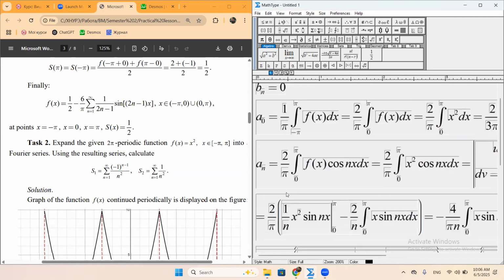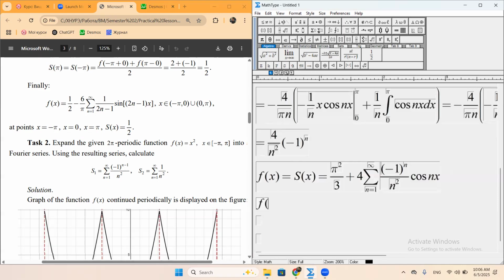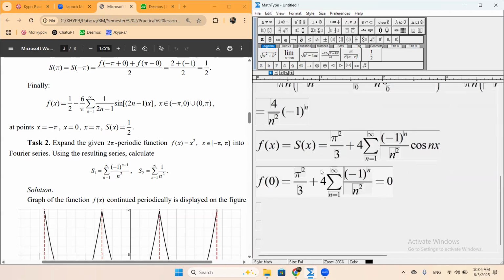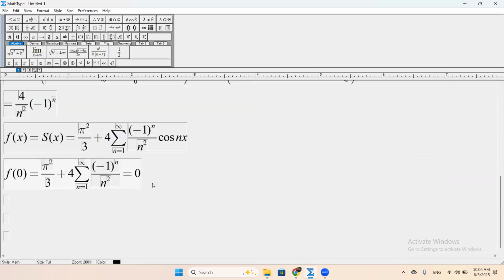What do we actually know? f of 0 equals 0, and cosine of 0 is 1.